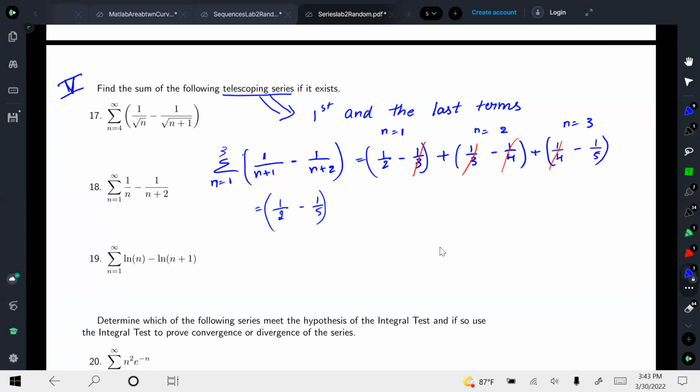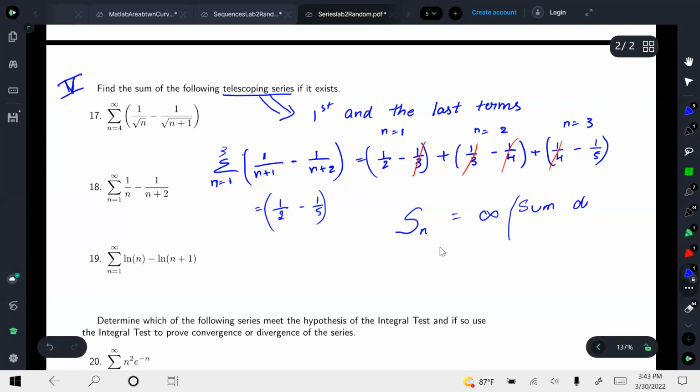Your work is to find Sn, the sum of that series. Sometimes the sum of the telescoping series will be equal to infinity. At that time, you can write the conclusion saying the sum does not exist. Okay, this is type 5.